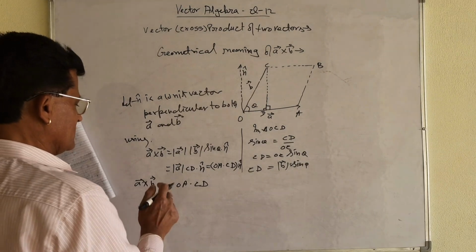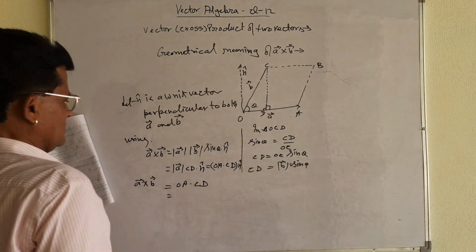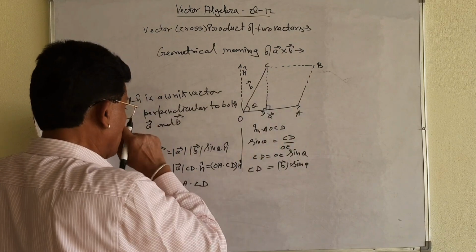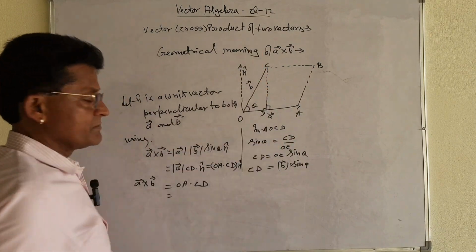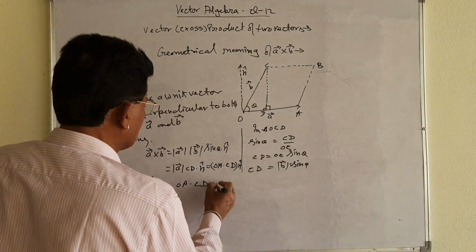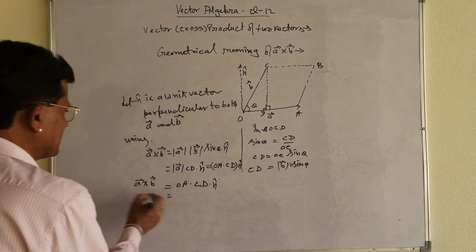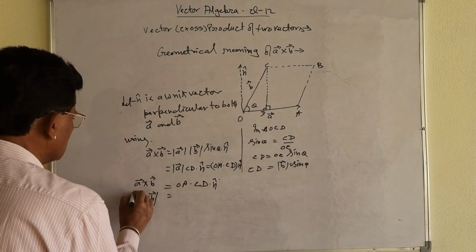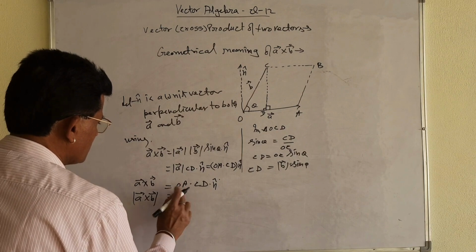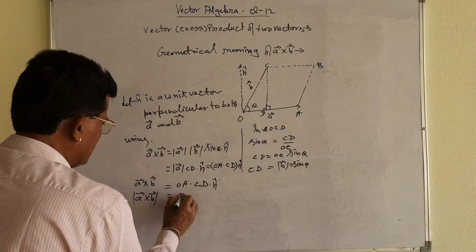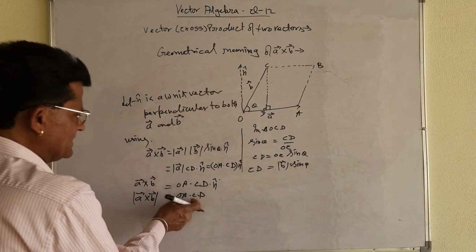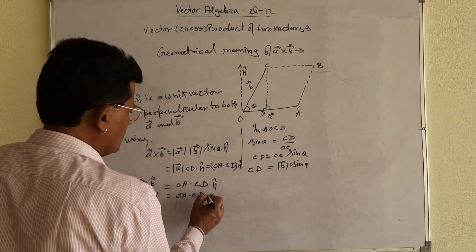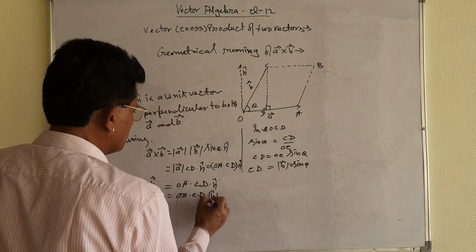Then you see, OA is the base and CD is the perpendicular. My dear student, let me take the magnitude on both the sides. Magnitude of A cross B will be equal to OA into CD. If you take the magnitude of the lengths, they remain as they are.